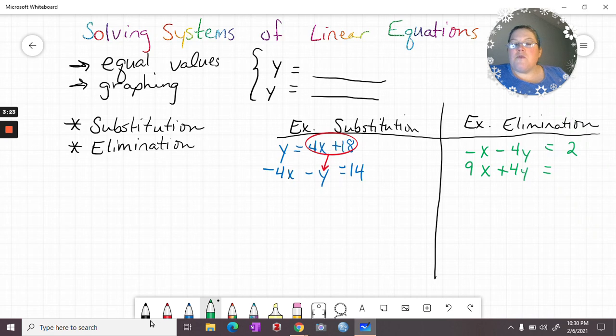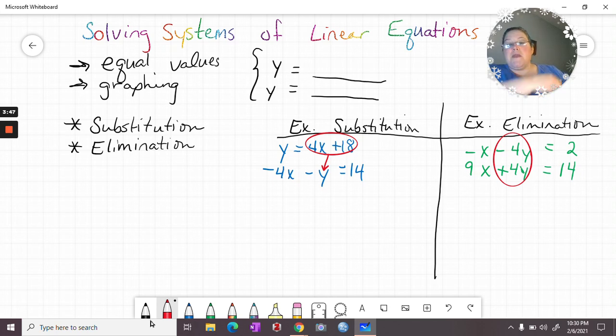Okay, so what we're looking at here is two equations in standard form. And here's what I want to point out to you. Our y's are the same but have opposite signs.